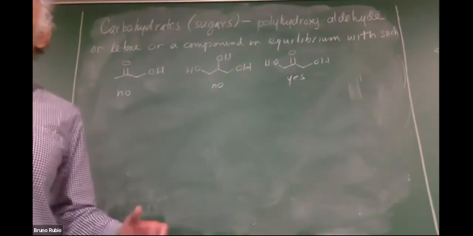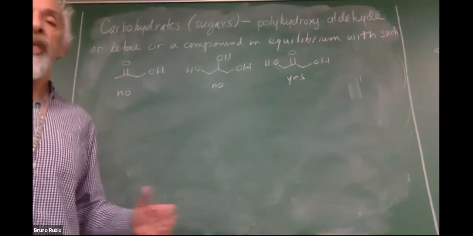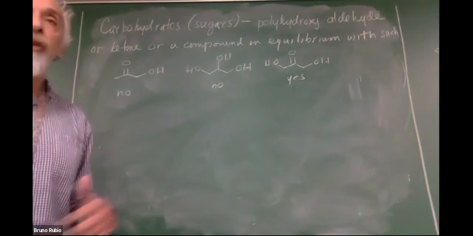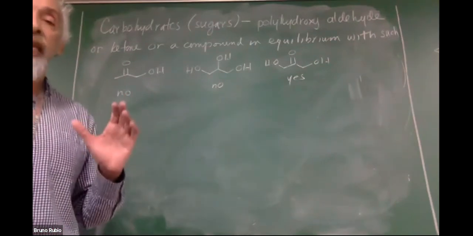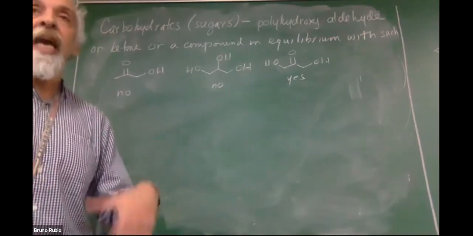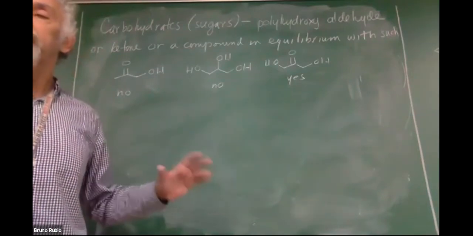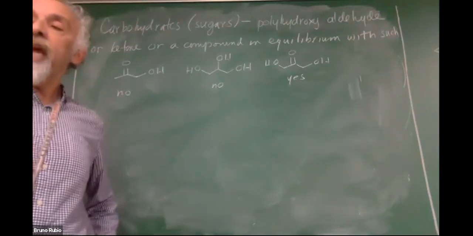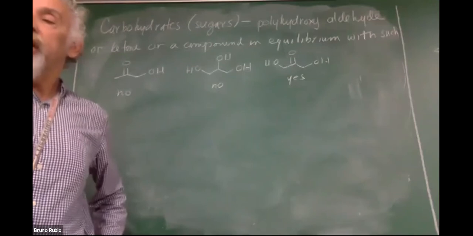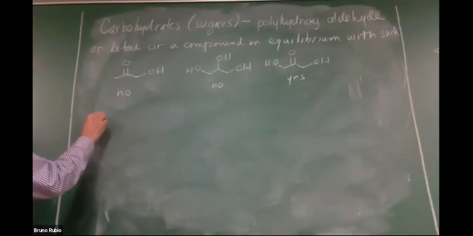And so, first of all, what we want to talk about is a lot of the vocabulary associated with carbohydrates. We've already talked about the chemistry that carbohydrates engage in. That's going to be acetal and hemiacetal formation, and we'll return to that. But first, let's just talk about some of the vocabulary associated with carbohydrates.